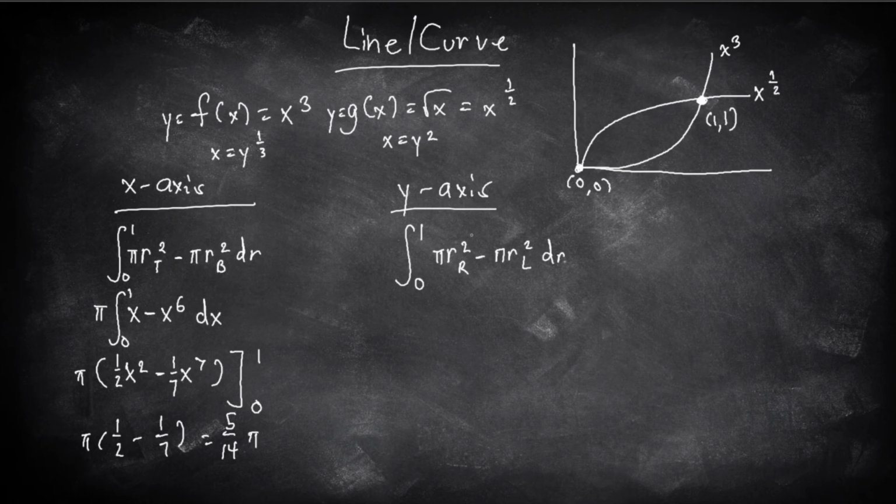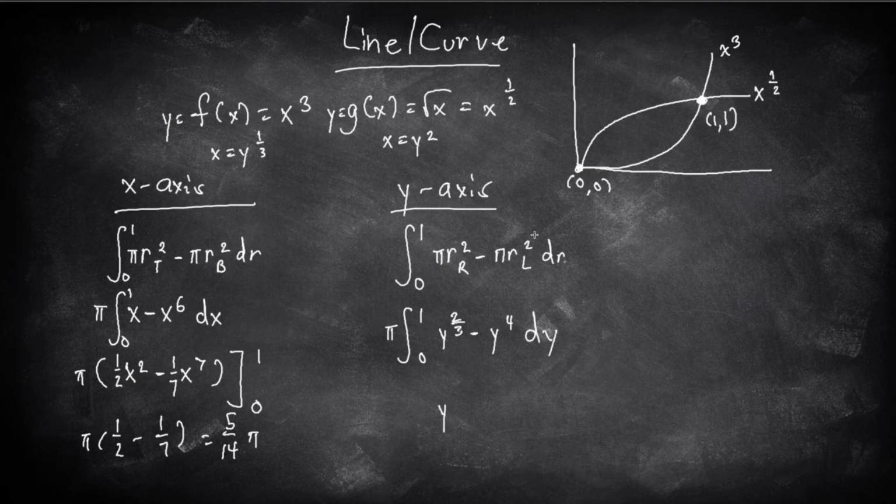So our right curve is this equation, x to the power 3, which turns into y to the power 1/3. So write that. Factor out your pi. So that's (y to the power 1/3) squared, which is y to the power 2/3, minus your radius on the left, which is this curve. Our x turns into y squared, and y squared, squared is y to the power 4. And now it's with respect to y.